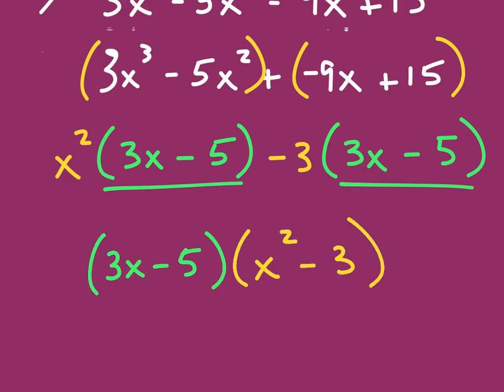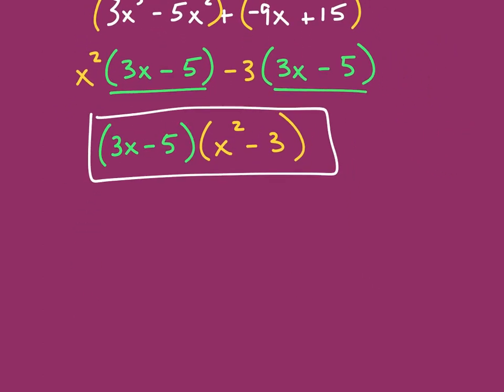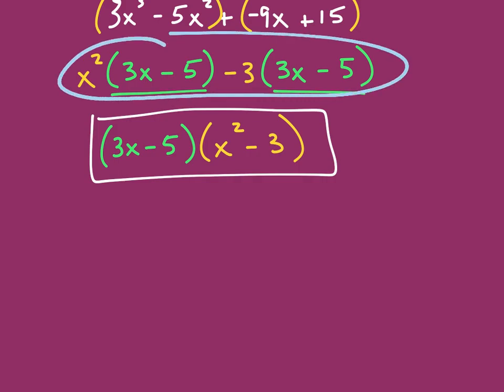I know this last step is a little confusing, so I'm going to rewrite it. I'll write it as x squared, and then instead of writing the binomial, I'll write a smiley face.